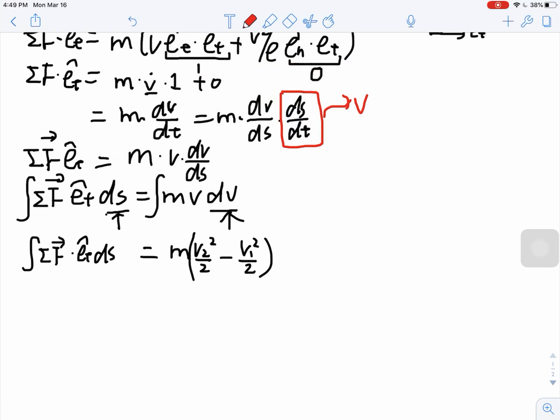We're very close to our work energy equation. We can define this whole thing on the left side of the equation as U1 to 2, and that means the work done from position 1 to 2.